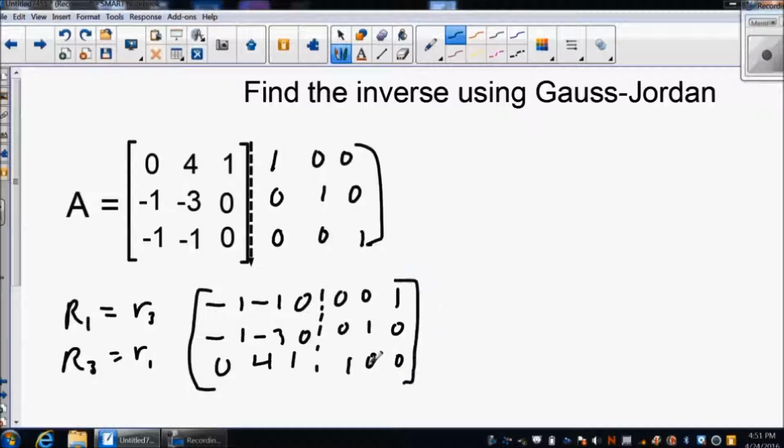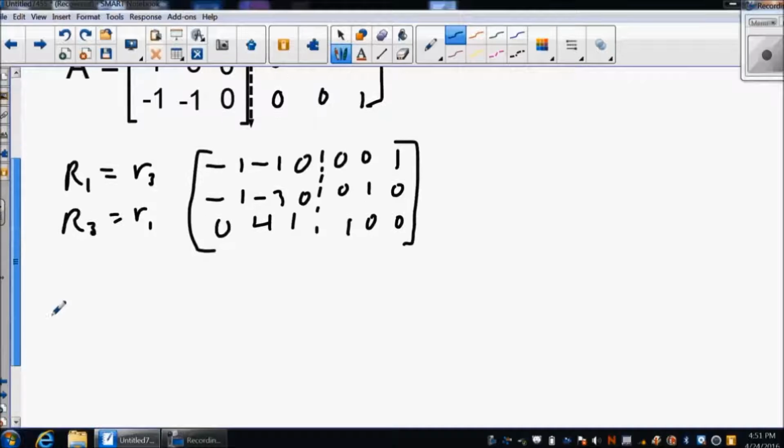And from here, if I multiply this top row by negative 1, I get this.